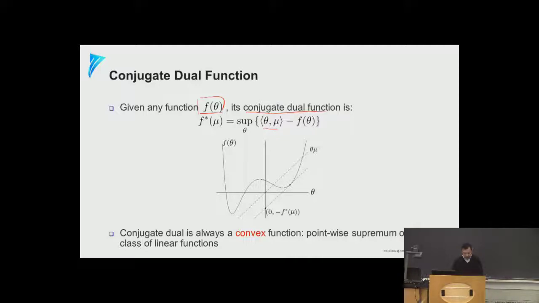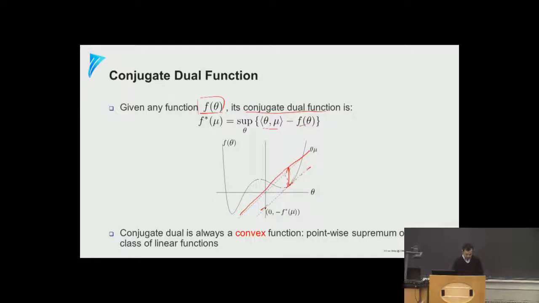So geometrically, how does it look? You can view the mu as, say, the slope of some line. Say this is a line with a slope mu. Then the difference between this and the function can always be obtained by moving this down to the tangent of this curve, and then the difference is this much, right?